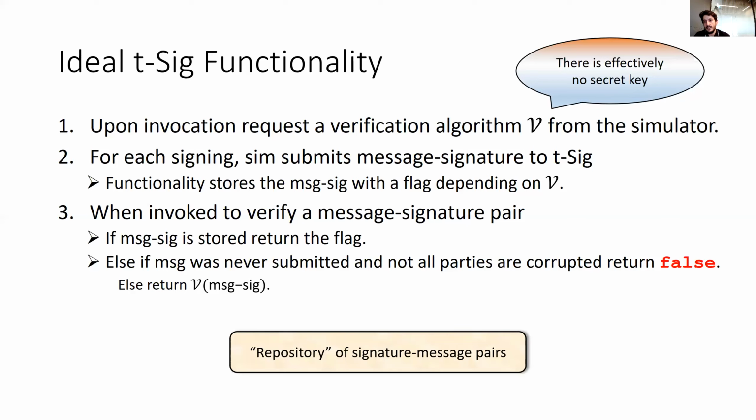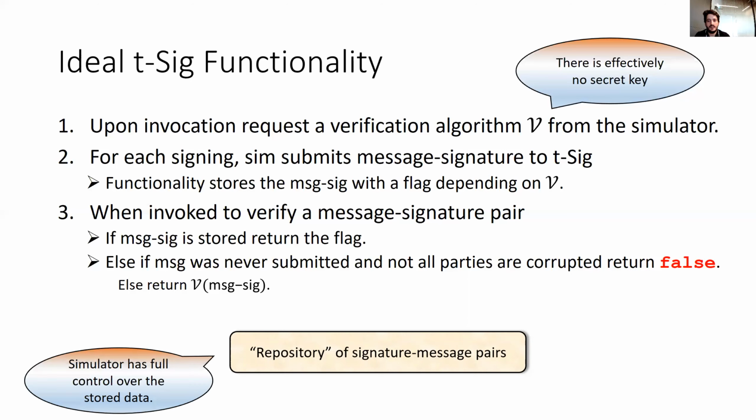Compared to functionalities that arise from a secure function evaluation, another peculiarity of TSIG, other than the fact that it has no secret, is that the outputs are submitted to the functionality from outside rather than computed internally, which means that the simulator has basically full control over the database. So these properties really work in our favor during the UC simulation because they make the simulation essentially trivial. So how does it go?